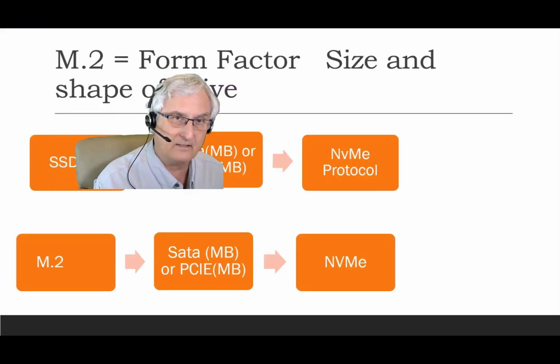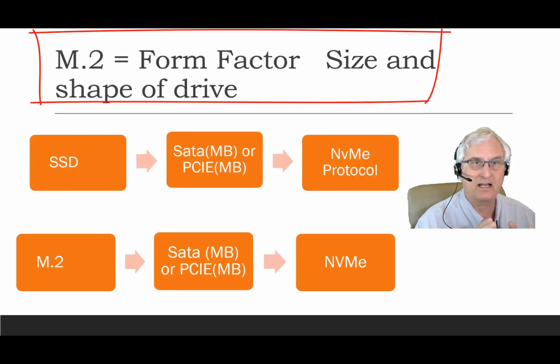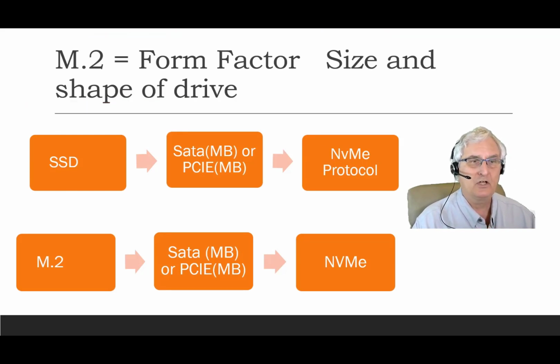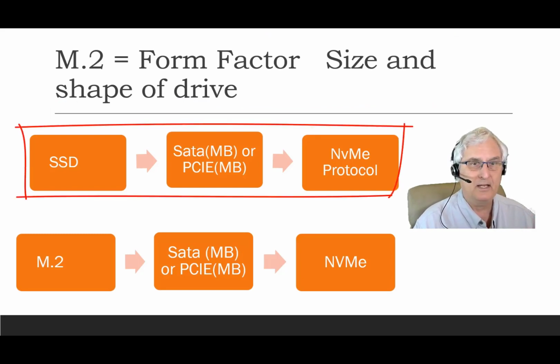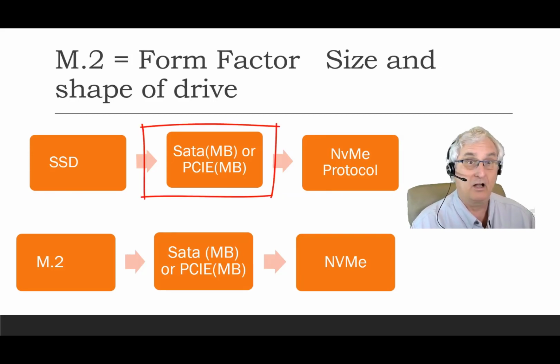So here's the deal. Remember, M.2 is based on a form factor, the size and shape of the drive. That's when we say it's an M.2. So there's two scenarios here. You could have the traditional SSD that we saw in the picture, and it could be connected to the motherboard through either a SATA bus or a PCIe. Obviously, PCIe will be faster.